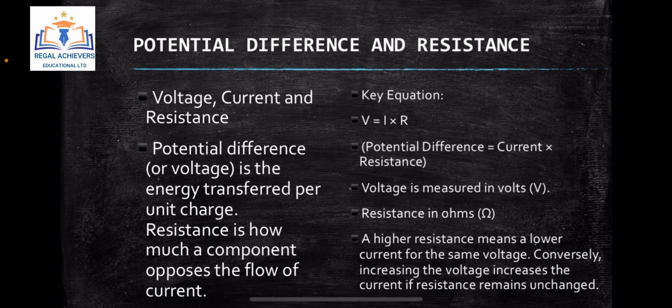The V there stands for the potential difference, the I represents the current, and the R represents the resistance. Note that voltage is measured in volts, while resistance is measured in ohms. Note, a higher resistance means a lower current for the same voltage. Conversely, increasing the voltage increases the current if resistance remains unchanged.